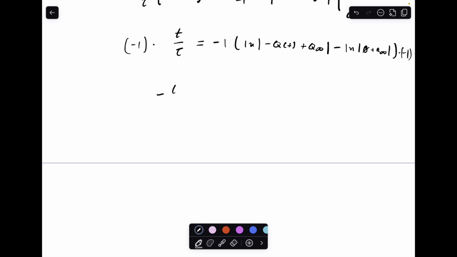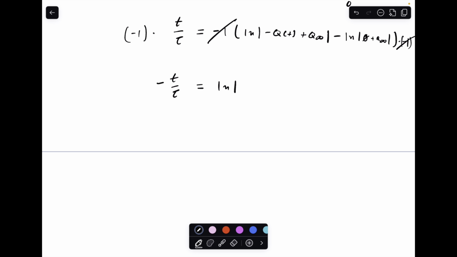So we're going to have negative t over tau, and that -1 will cancel over here. And this will become ln of negative q of t plus q infinity. And then that rule of logs, I'll apply that here, divided by q infinity, right? Because ln a minus ln b is equal to ln a divided by b.